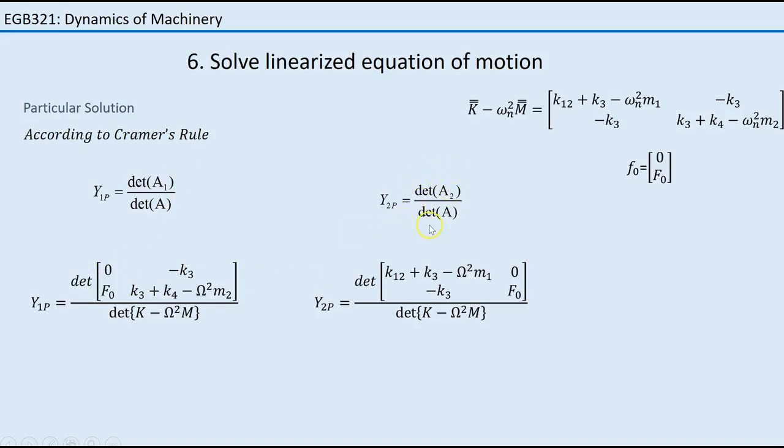And for the A2 matrix, we just replace the second column with this force vector, which is F0 and 0. So determinant A1 means you substitute the force vector in the first column, and A2 means you substitute the force vector in the second column, and the denominator is just the determinant of this matrix. So we get this.